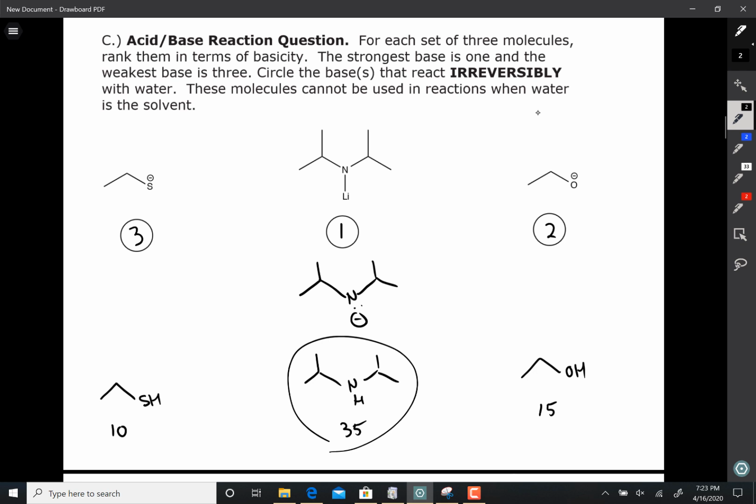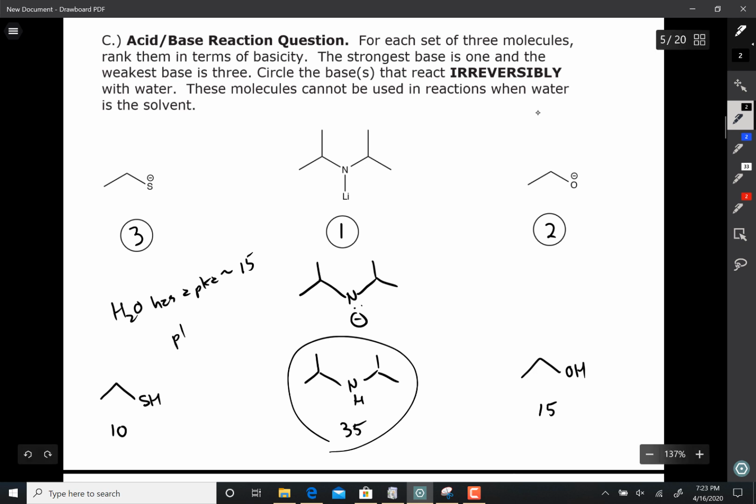Now it says to circle the bases that react irreversibly with water. Well, water has a pKa roughly around 15. When you get to the irreversible reactions, that's 10 and higher. So you need to circle anything that's greater than 10 of this.